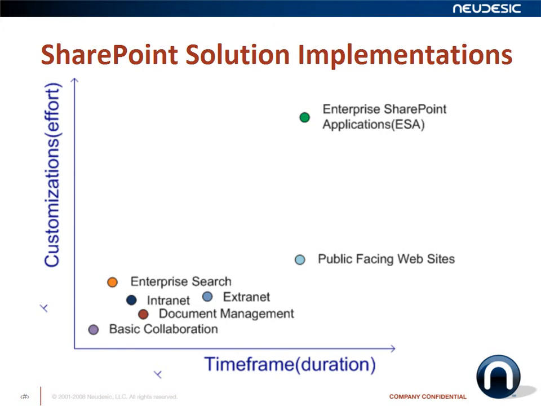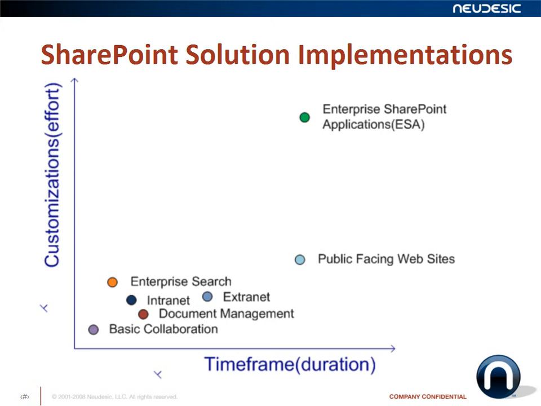So moving into some of the other solution areas, things like document management, you might have some customizations around workflow, but the vast majority of the effort is done in analysis and ensuring that you have things like content types and document templates correctly analyzed for a particular organization, but there's not a lot of code that you're going to write for that particular solution.